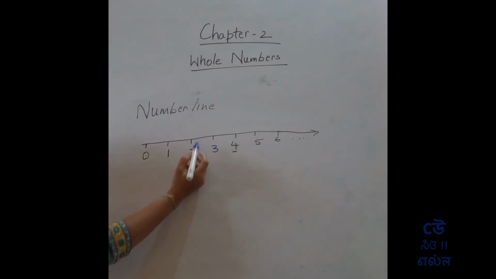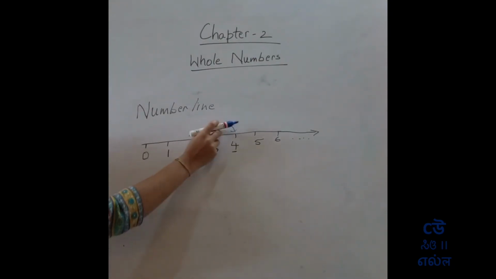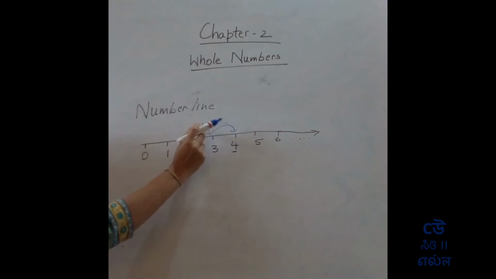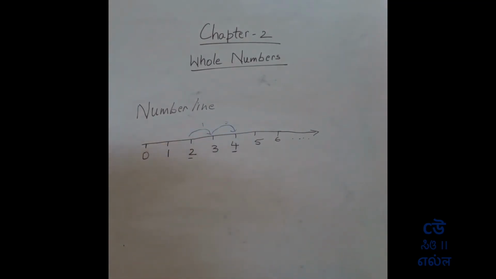From 2 to 4, first it should go from 2 to 3, next from 3 to 4. So how many units has it jumped? 1, 2. Two units it has jumped. So what is the distance between 2 and 4? It's 2.